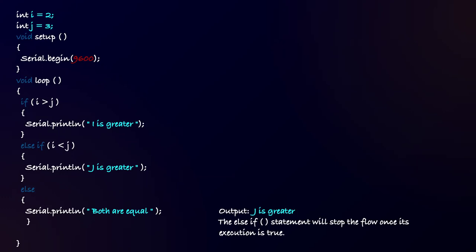We can write else if i less than j, so i is lesser or j is greater. Now, if i equal to j, else if i equal to j, then we can print both are equal. Else j is greater. We can shuffle them.